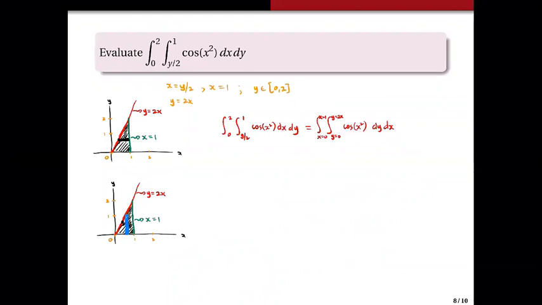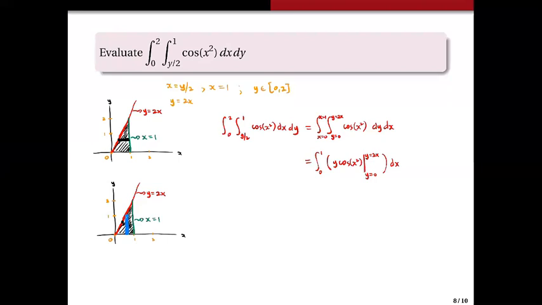It's just x. So if we integrate with respect to y, this remains constant. If we do that, now we will have the integral from 0 to 1 of y cosine x squared evaluated from y equals 0 until y equals 2x, and then we have the dx.